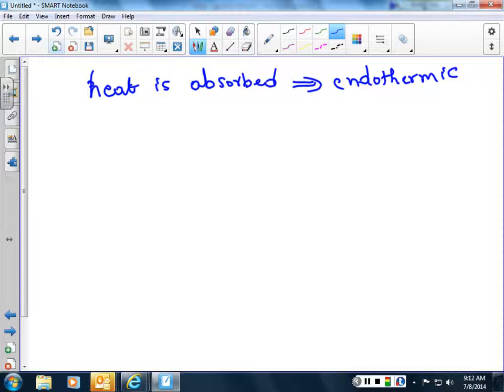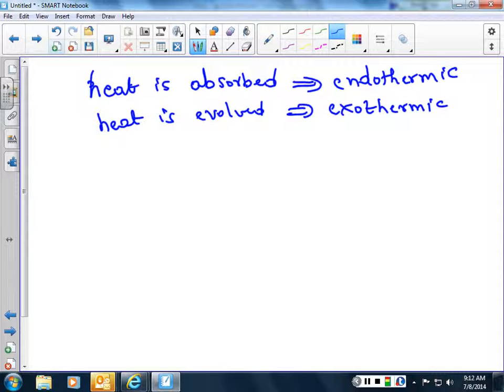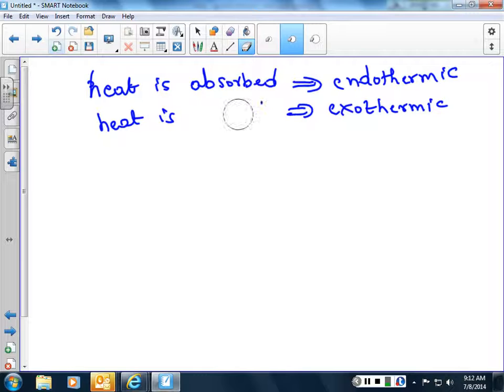And if heat is evolved, it's called exothermic. If heat is evolved or released, released is a better word.